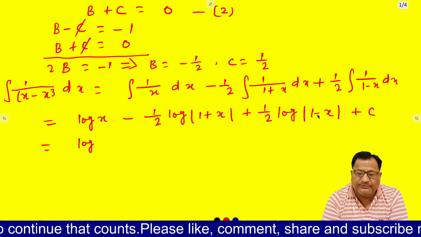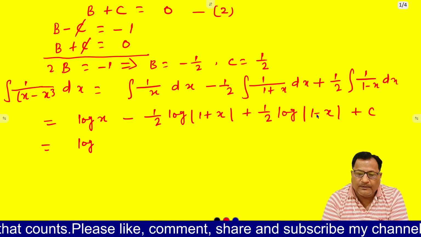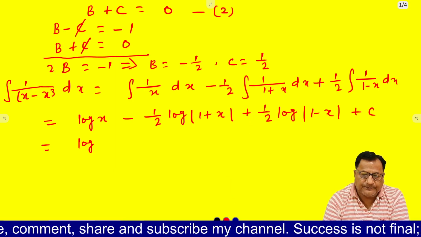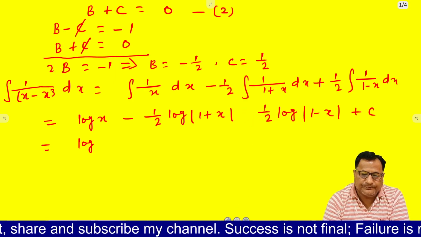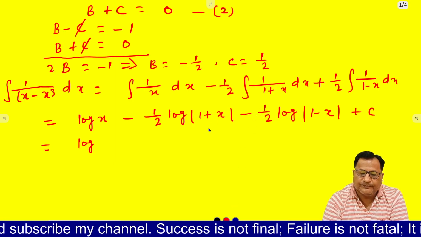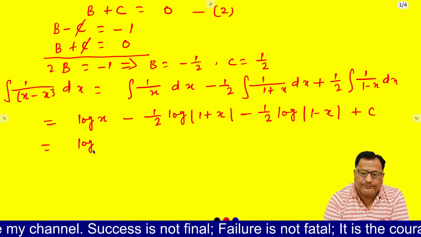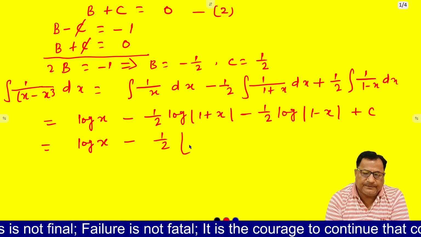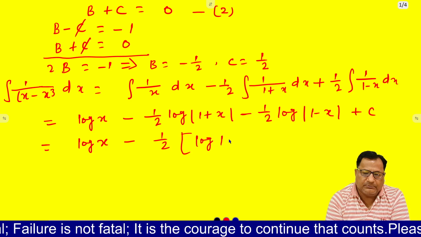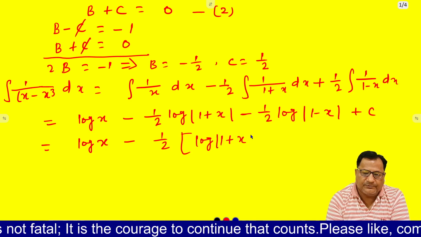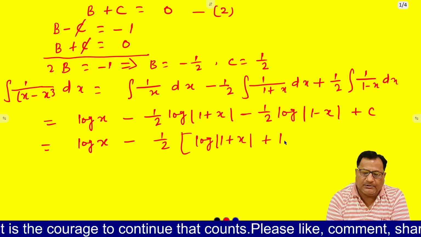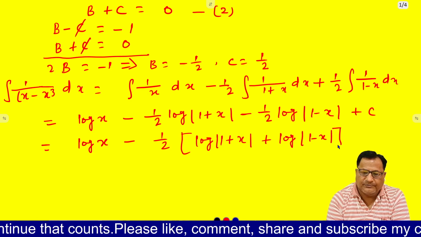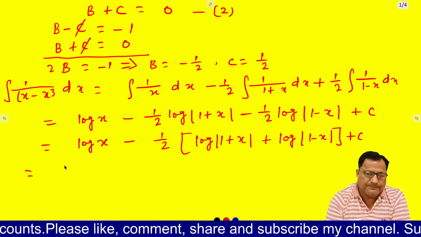Here it is minus, so if we take minus 1 by 2 common, then this will be log of 1 plus x plus log of 1 minus x, plus c.